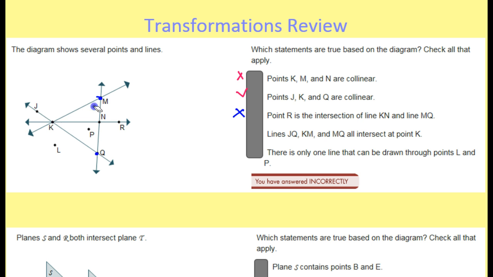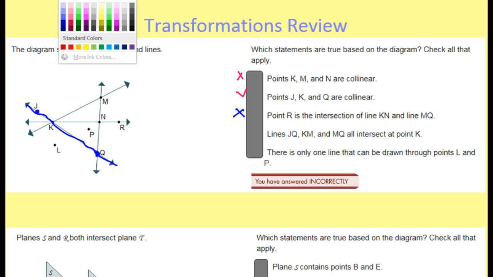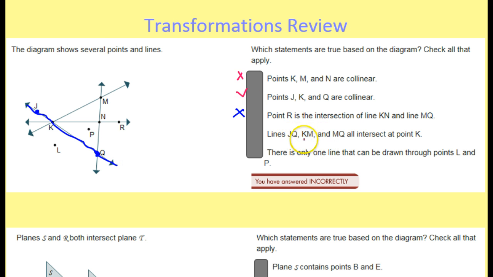Okay. Line JQ. Alright, here's J, here's Q. So this is line JQ, pardon my crookedness. Line KM. So here's K, here's M. So this is line KM.